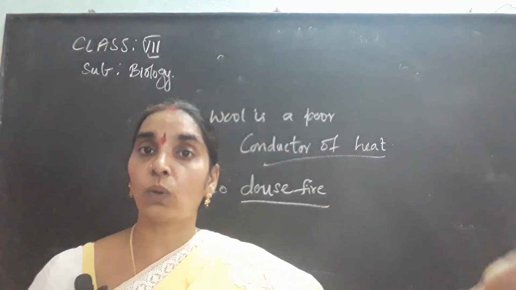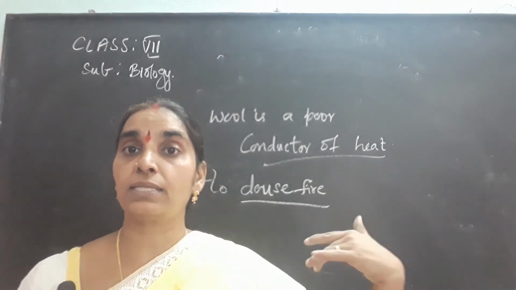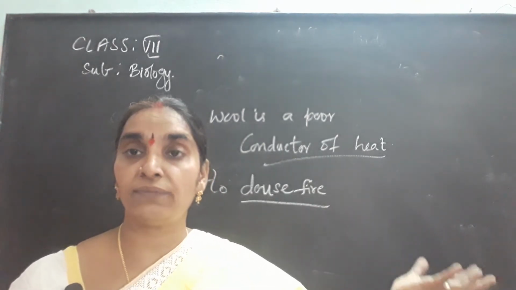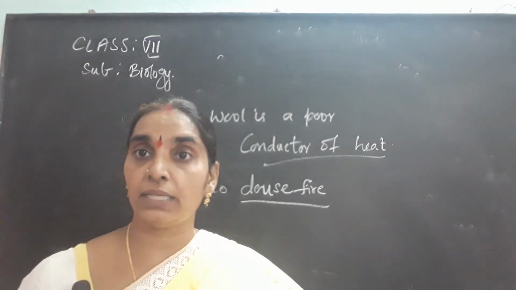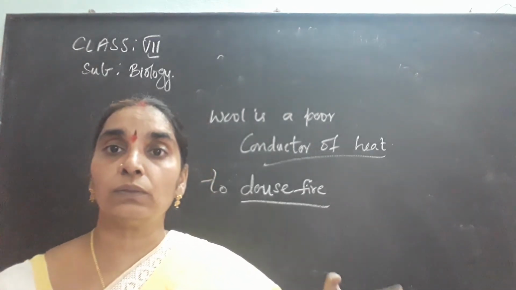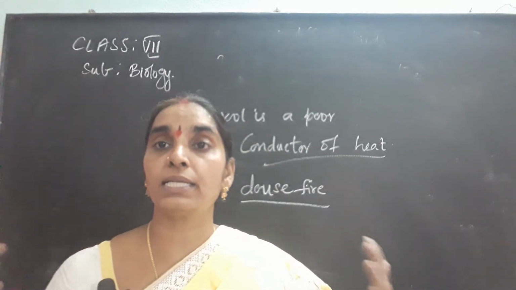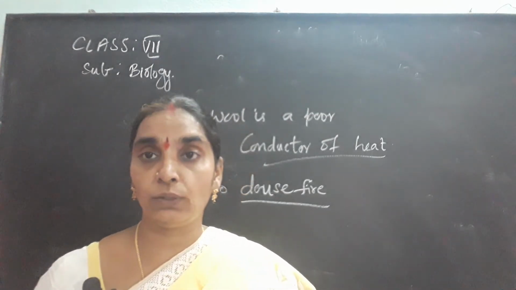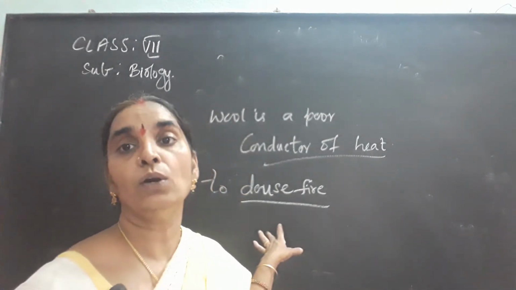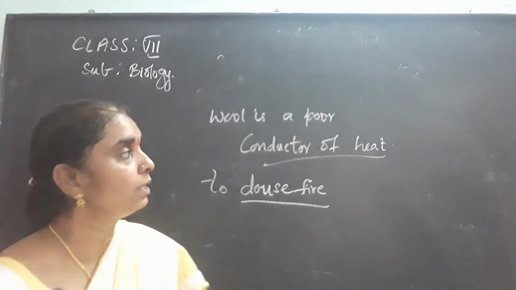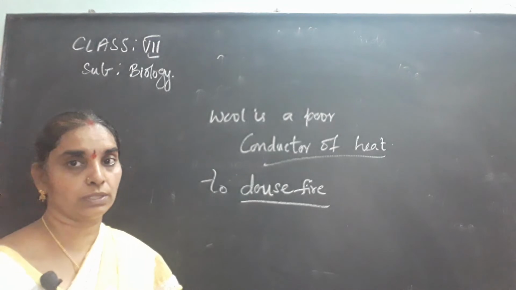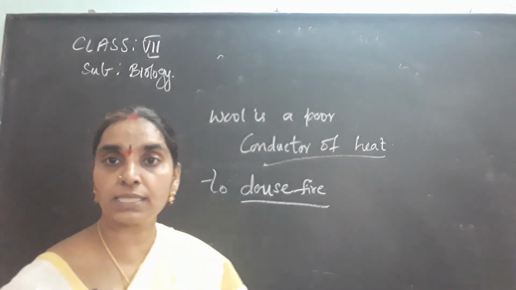And in the cold climate in winter, there is a cold atmosphere outside, and when cool breezes enter our body, we feel very cold. So when we wear woolen garments, they don't allow the air to get into our body, so we feel warm. They are poor conductors of heat. So hope you have understood this lesson, children.